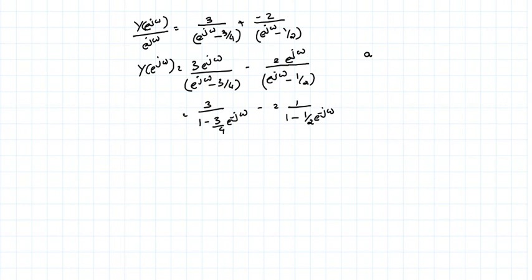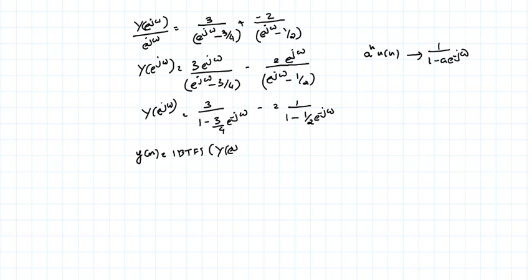From the standard equation, you know that for a raised to n into u of n, the DTFT can be written as 1 by (1 minus a e raised to minus j omega). Based on this, I can find the inverse. Now I need the response or the output of the system y of n, which means I need to take the inverse DTFT of Y of e raised to j omega.